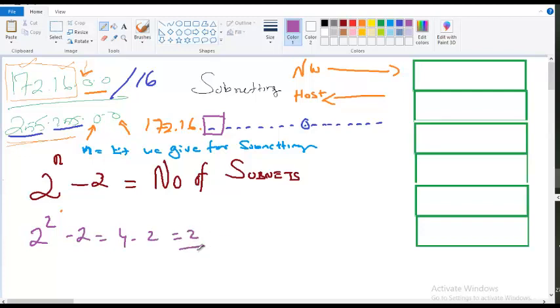I get only 2 subnets. So giving 2 bits is also not enough. Let us give 3 bits.